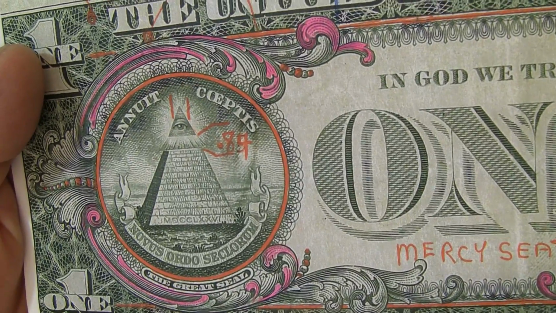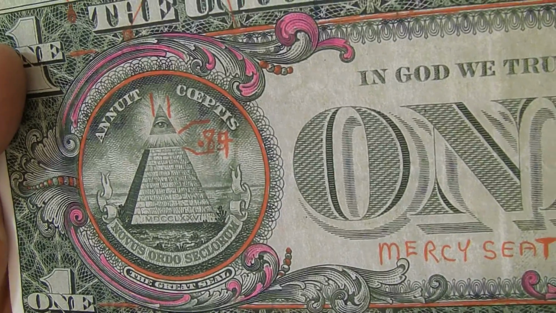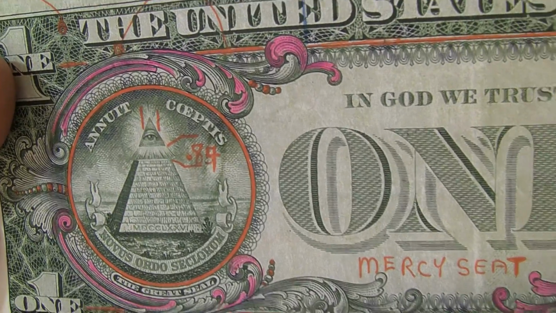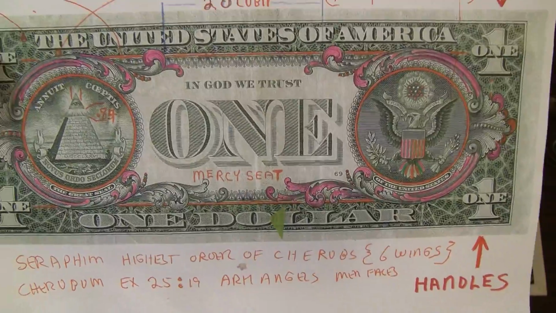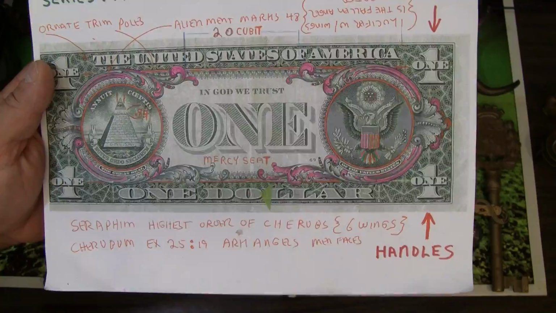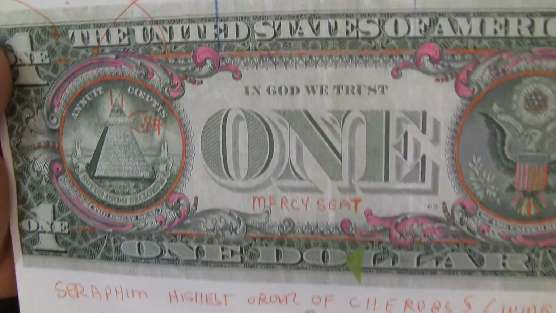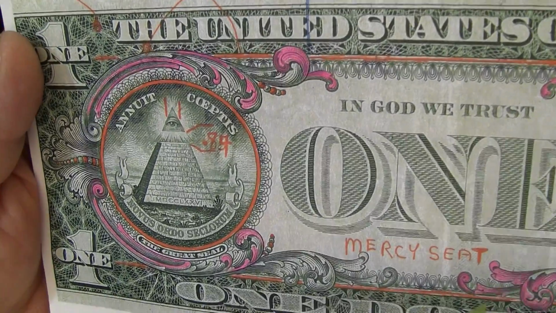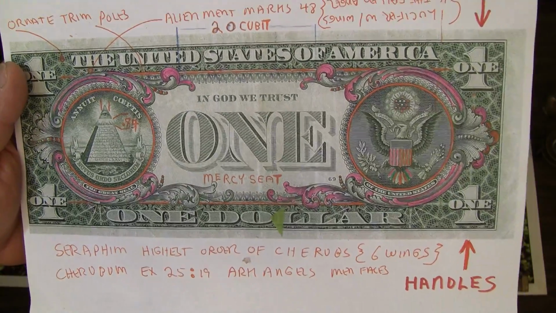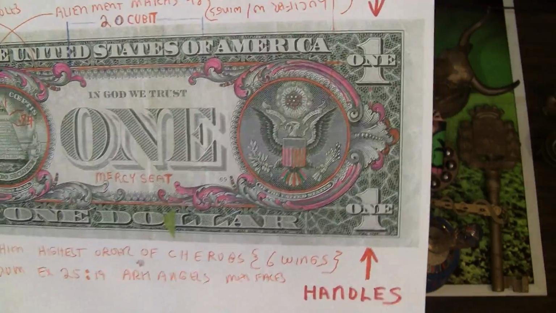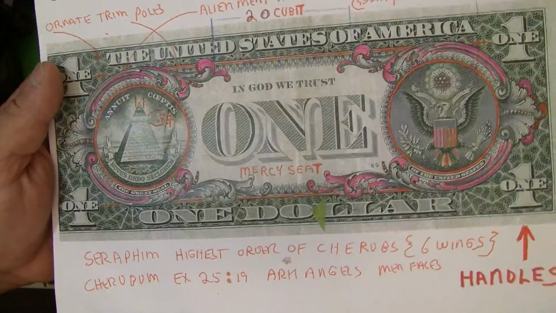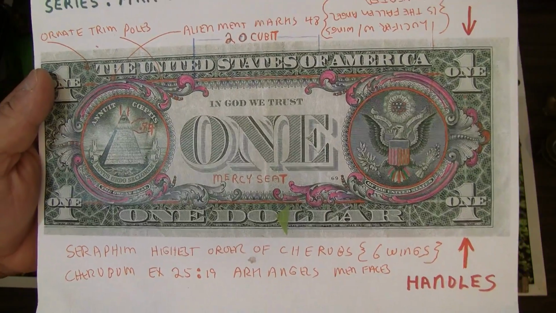The pyramid predates Christ because the pyramid was the first entity similar to that of the Ark of the Covenant, which is the entire green side of the $1 bill. The storyline is the pyramid is the first Ark of the Covenant given to the Egyptians. The Ark of the Covenant was given to the Israelites, and then the Ark of the Covenant was given to the United States of America in the form of a pictograph on the reverse of the $1 bill.